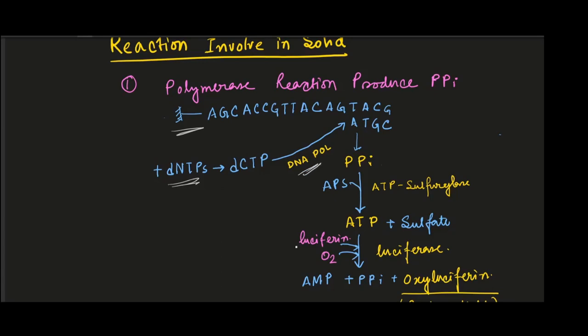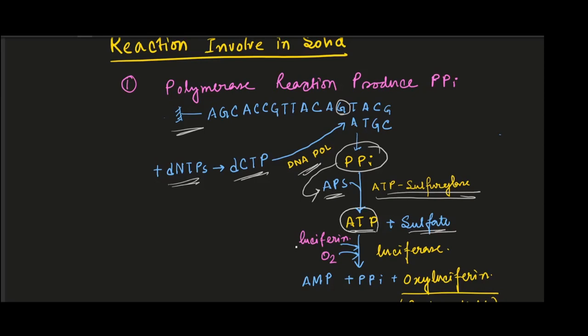As we all know, we need DNA polymerase for synthesizing the DNA strand, and from them dCTP, as we have the G base in our template DNA, gets incorporated and the pyrophosphate gets released, and this pyrophosphate interacts with APS in the presence of ATP sulfurylase and produces ATP and sulfate as a byproduct.